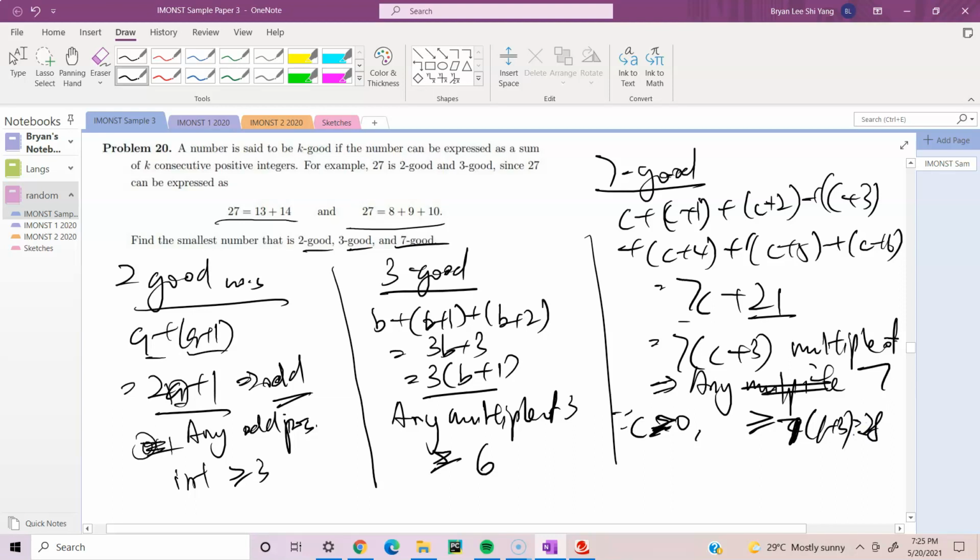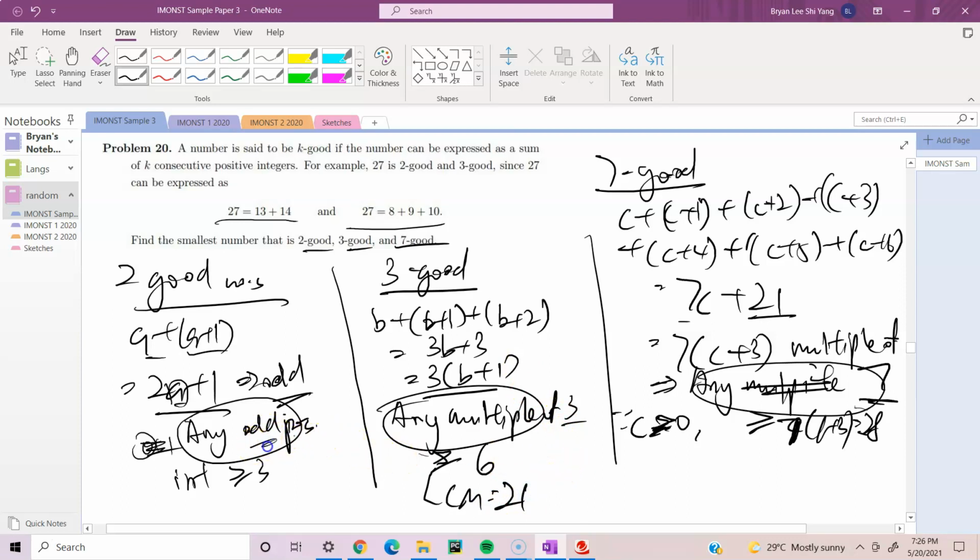Now, since we want a number that is 2 good, 3 good, and 7 good, we have found the conditions. It must be an odd number. It must be a multiple of 3. It must be a multiple of 7. Since 3 and 7 are co-prime, the LCM is 21, and then we just find multiples of 21.